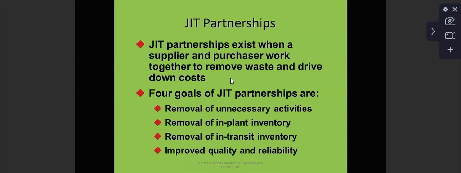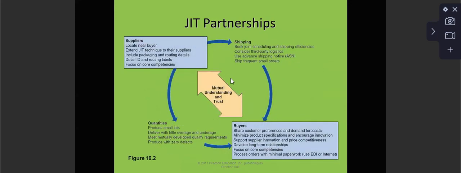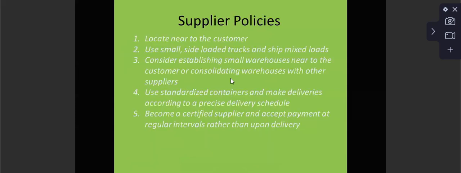The ultimate goal in the just-in-time partnership or supplier network is to remove unnecessary activity, in-plant inventories, and in-transit inventory, and improve quality and reliability of supplied components.